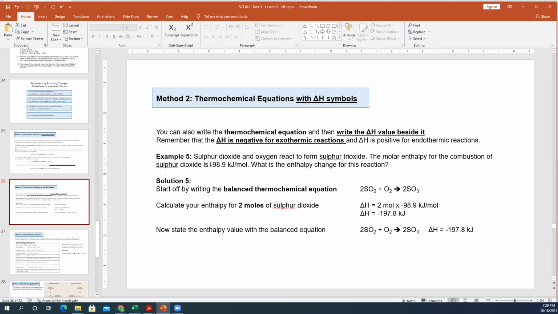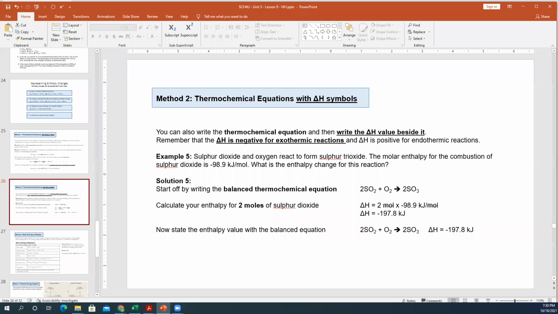Now this value is for 1 mole of sulfur dioxide. Here, our balanced equation gives us 2 moles of sulfur dioxide. So we want to make sure we multiply it by 2 moles to obtain the delta H for this reaction, which is actually for 2 moles, 197.8 kilojoules. And then we go ahead and we write our enthalpy value with our balanced equation.